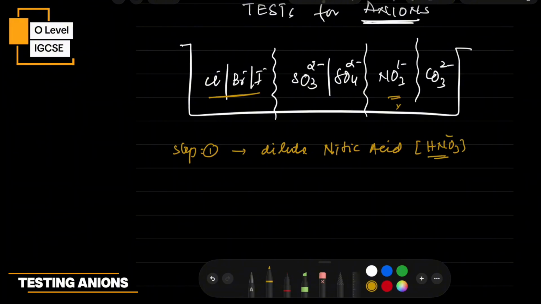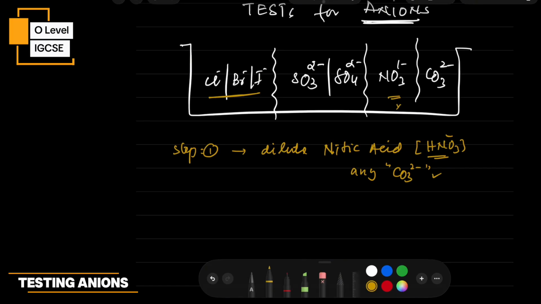The basic function of adding HNO3 is the removal of any carbonate ion, CO3 2 negative ion, that may be present, may interfere with our result, and may also show a precipitate.